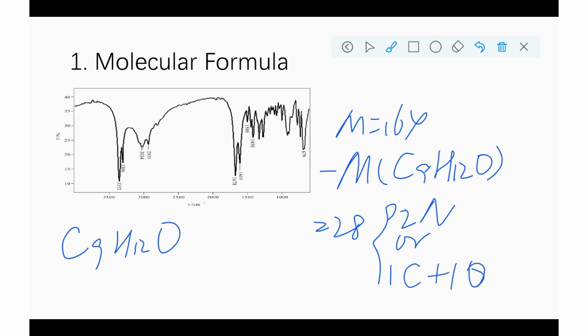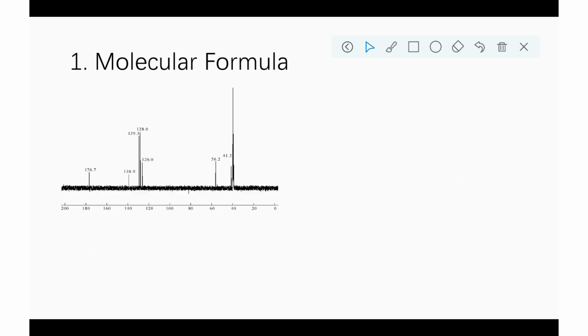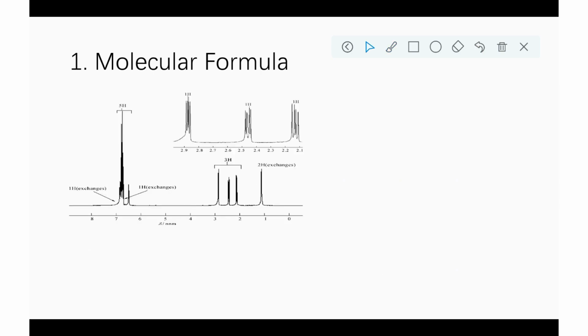So let's see which is the case. If it's going to be 1 carbon and 1 oxygen, that means we have no nitrogen in this formula. But we can see from the HNMR that there are in total 4 hydrogen that can undergo hydrogen exchange.